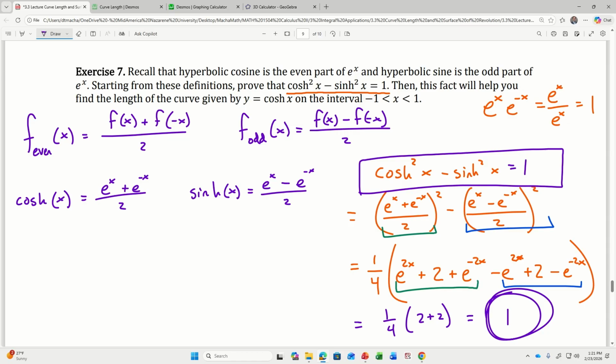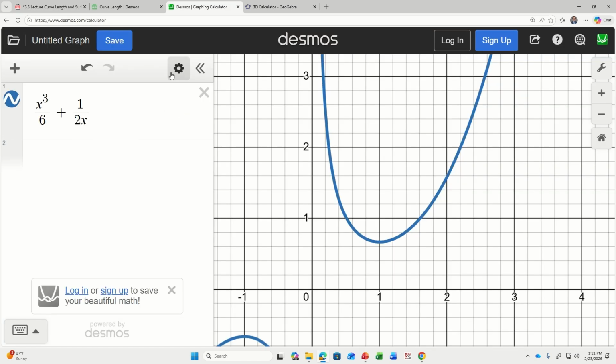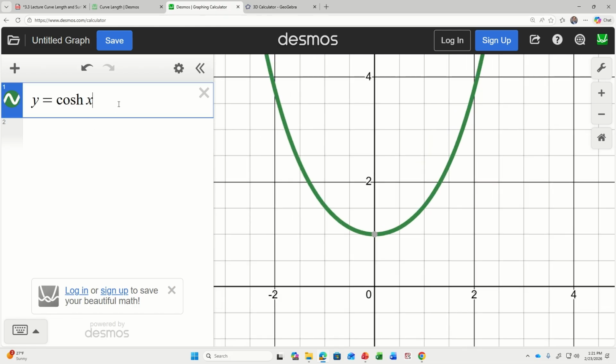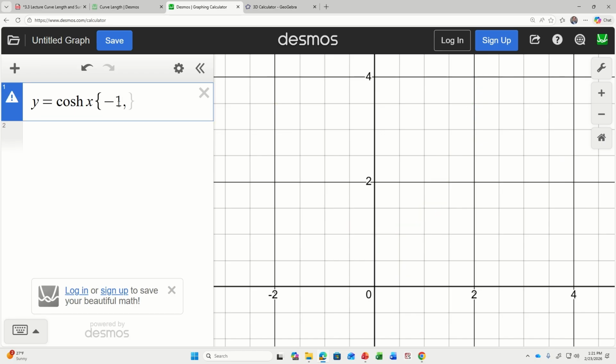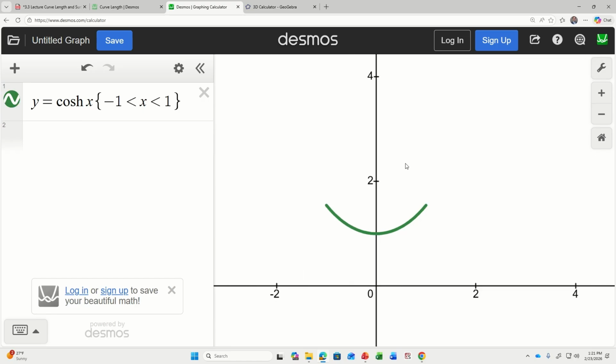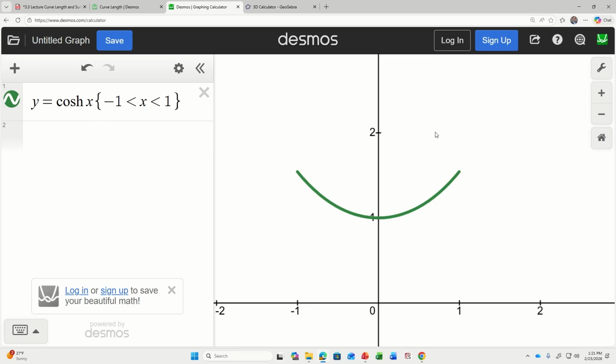Okay, the next part of this question says this fact will help you find the length of the curve given by y equals cosine hyperbolic of x on the interval from -1 to +1. What does the curve y equals cosine hyperbolic look like? I don't know if you remember from earlier this year, but it's called the catenary, the shape of a hanging chain.